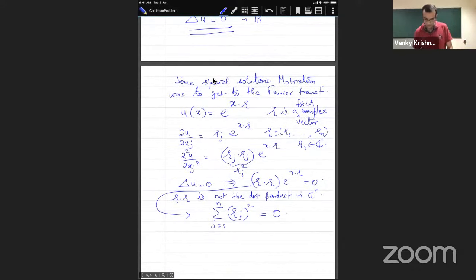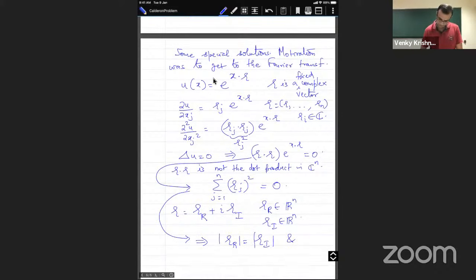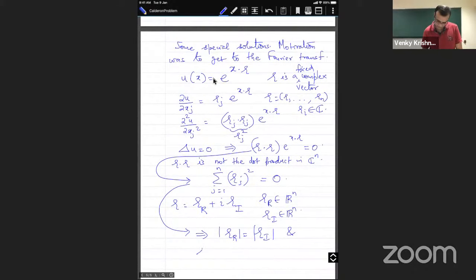If you expand this out, if you take zeta as the real part plus i times the imaginary part, where zeta r belongs to Rn and zeta i belongs to Rn, the fact that zeta dot zeta is equal to 0 would imply that the length of the real part should be the same as the length of the imaginary part, and the real part dotted with the imaginary part should be equal to 0.